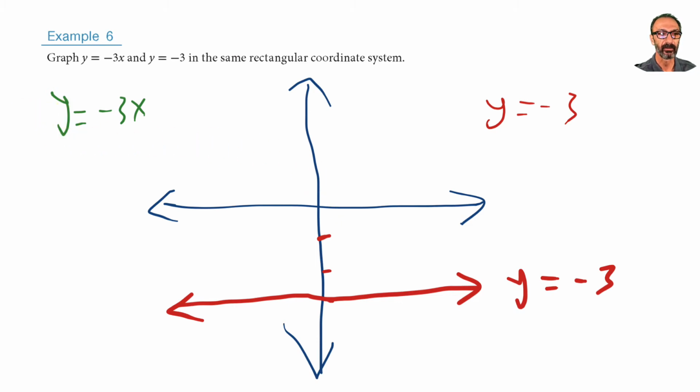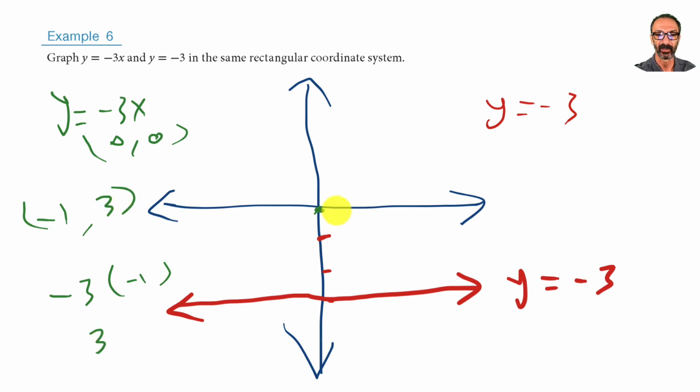When you graph y equals -3x, you could plug in 0, you get 0. And if you plug in -1, notice what happens. I have -3 times -1, which is +3, so the answer is 3. -1 will give you a +3 somewhere up here. Okay, let's take 1.